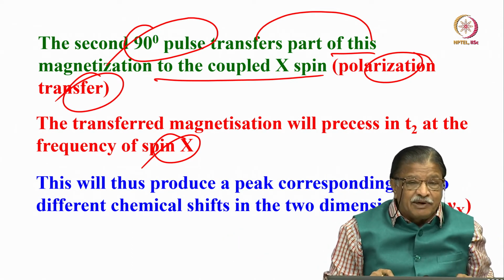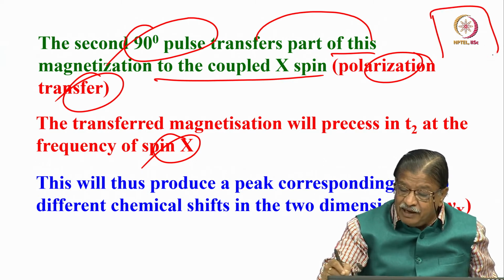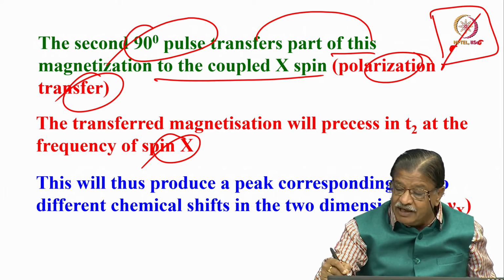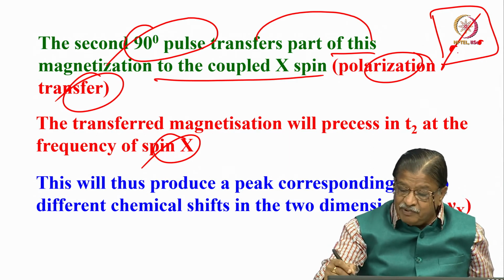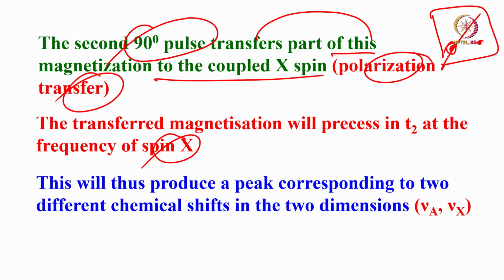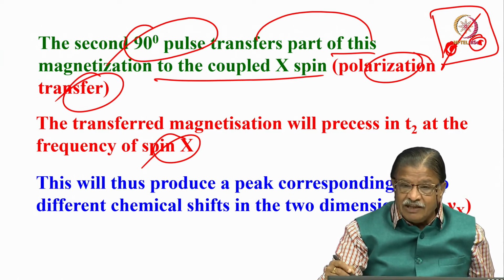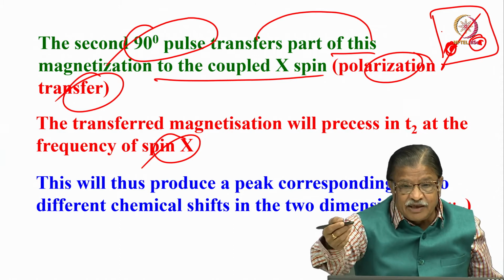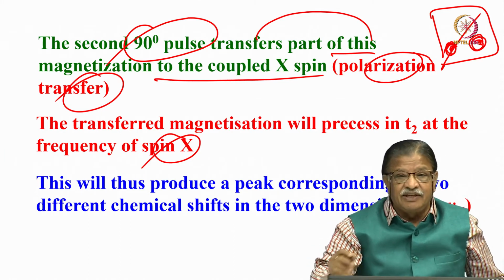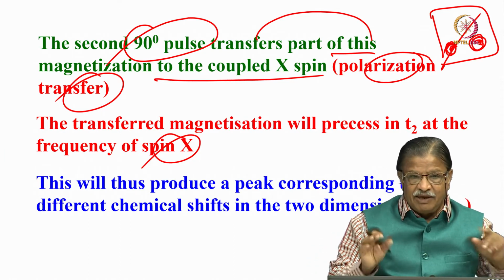Imagine when we interpreted the 2D spectrum, I said there is a peak like this, one here, one here. It was persisting at this frequency both in T1 and T2. At the same time, it also had another frequency in T2 which is here. So, the peak which was at, let us say, this frequency in T1 evolved at this frequency. At the same time, it transferred its magnetization to the other coupled spin and it evolved at this frequency in the T2 dimension. That is what it means.